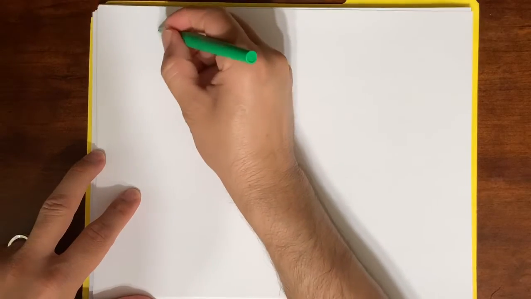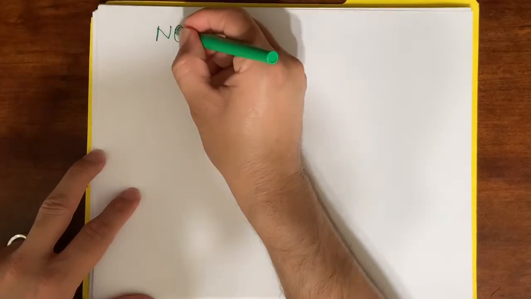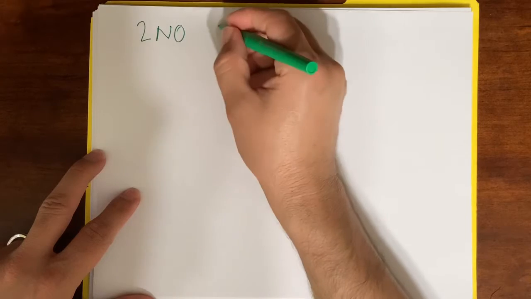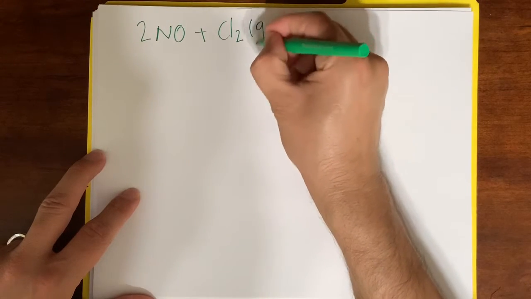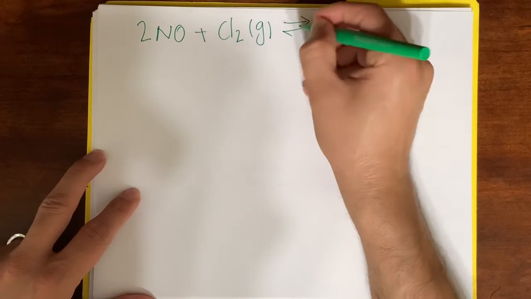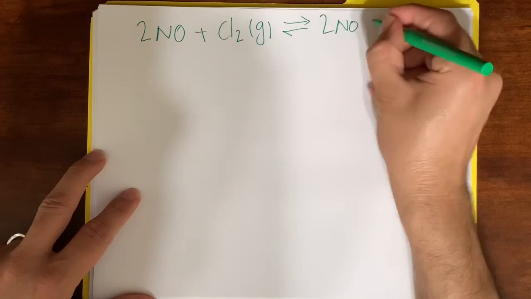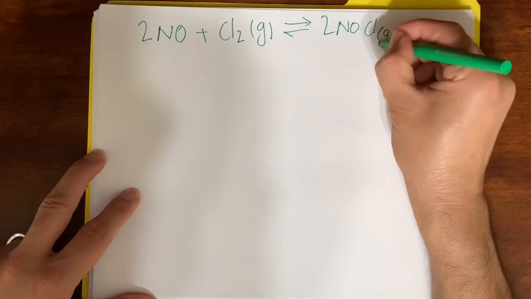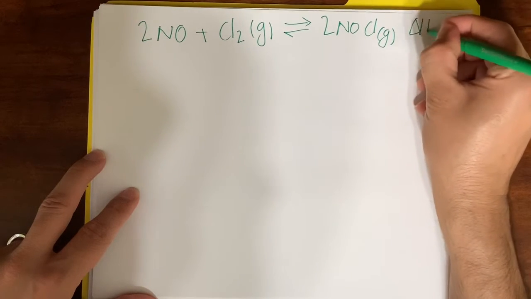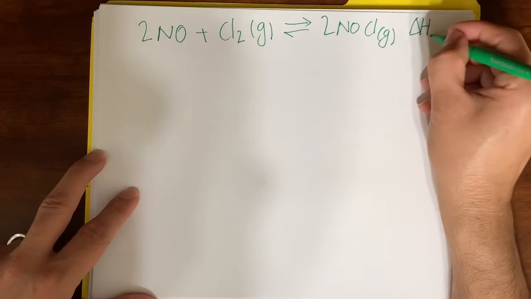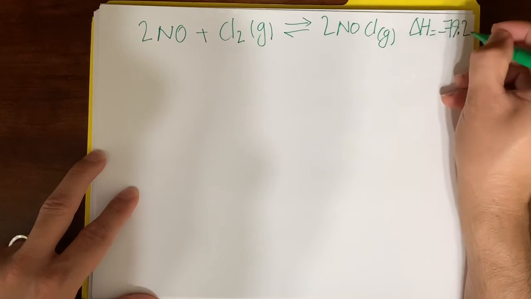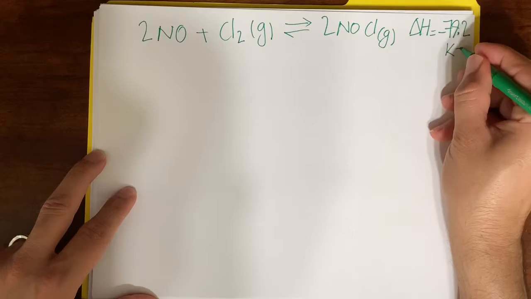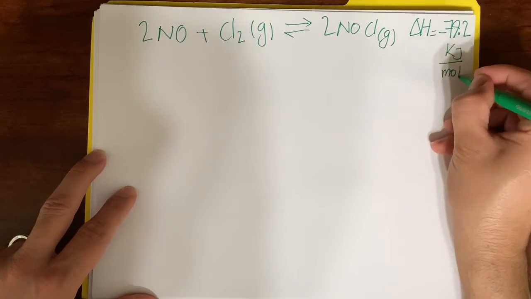We have 2 moles of NO plus Cl2. The delta H of this reaction is negative and is equal to minus 97.2 kilojoules per mole.